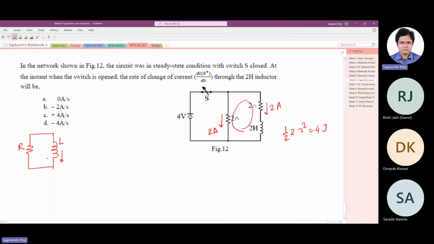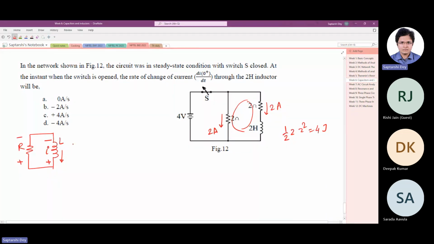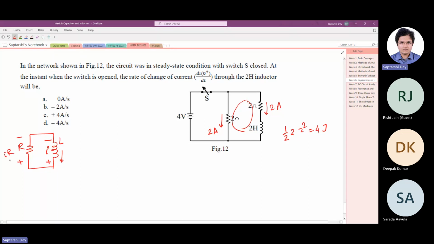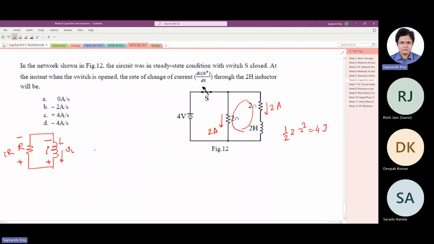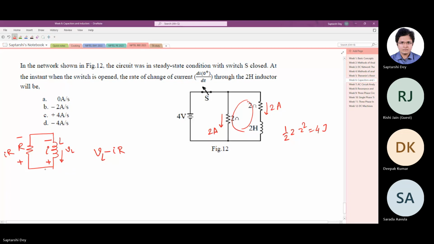Let us write KVL. So I will take current flowing like this. If the current flows like this, there is a voltage drop here, IR. Now if this is VL, what does KVL say? VL increment minus IR reduction is 0.